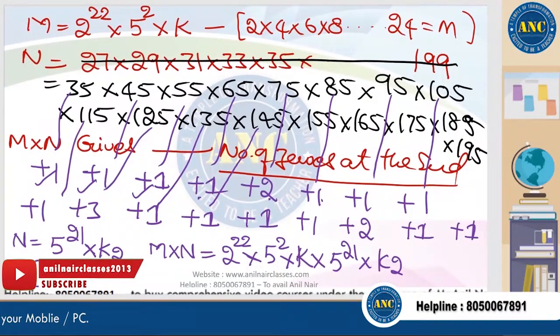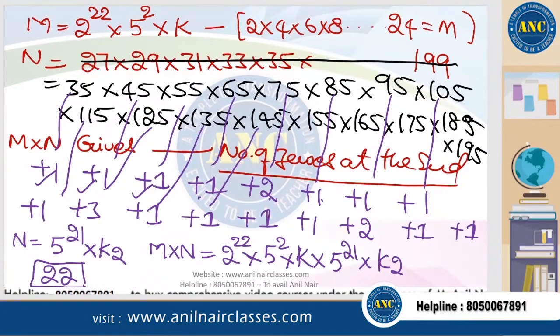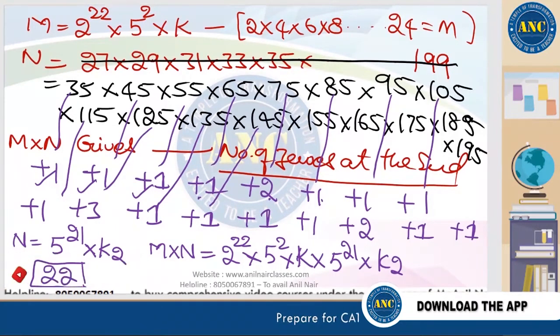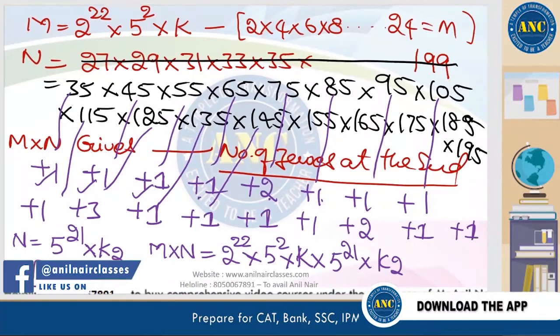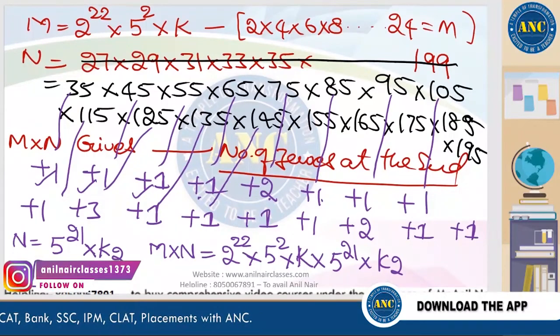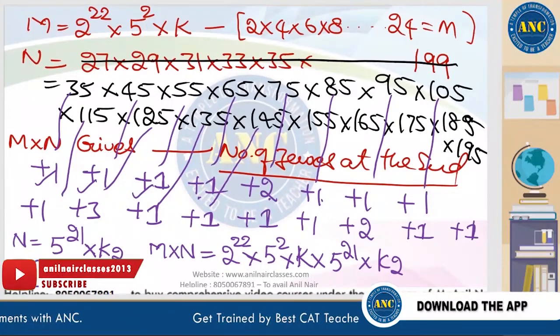But because I require the number of zeros at the end, I require only 2 and 5. So 2 anyway will not come in an odd number. I took multiples of 5: 35, 45, 55, 65, 75, 85, 95, 105, 115, 125, 135, 145, 155, 165, 175, 185, 195.